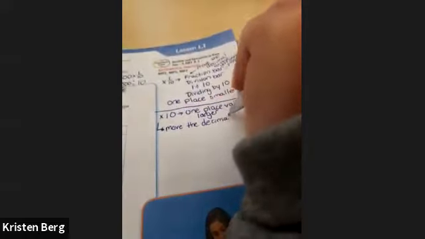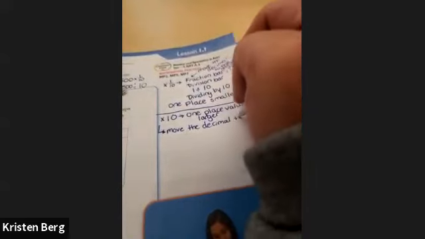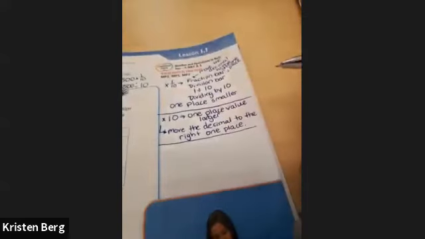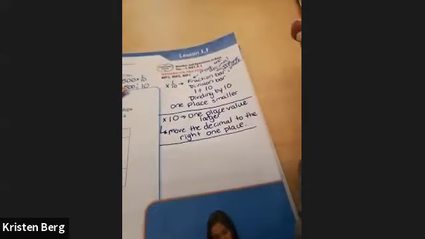And the other thing you need to know when it comes to this is you are just going to be moving, so move the decimal to the right one place. And we will talk more about that. I'm just writing down the notes so that we can refer to them. So much easier just to write it down and have it, and then we can keep referring back.